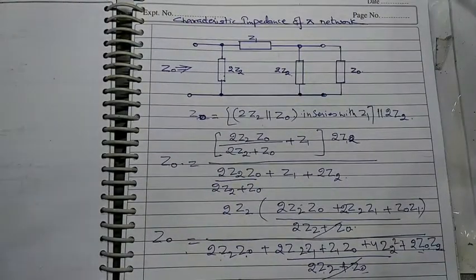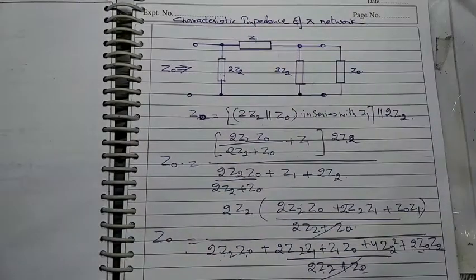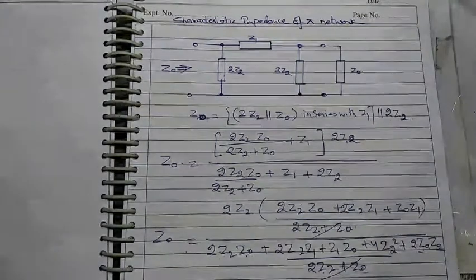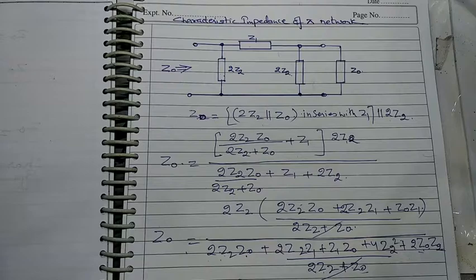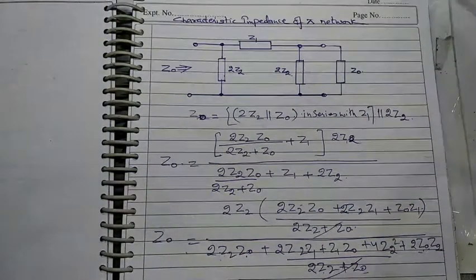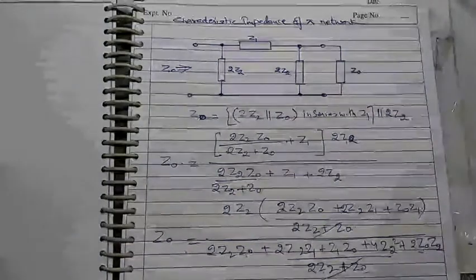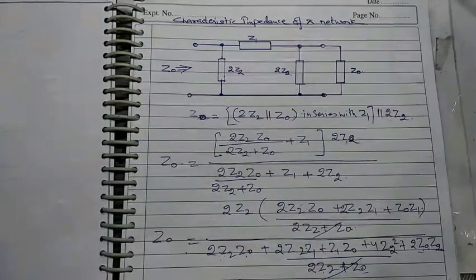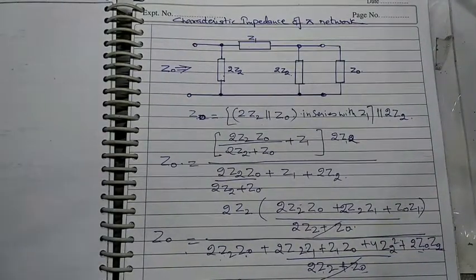4Z2 ZO square and 4Z2 ZO square, here it gets cancelled.